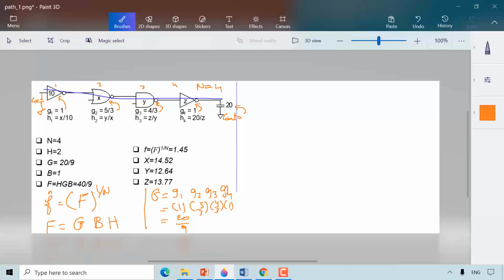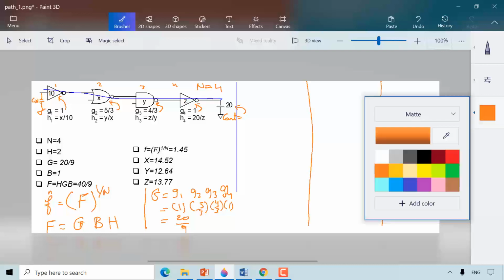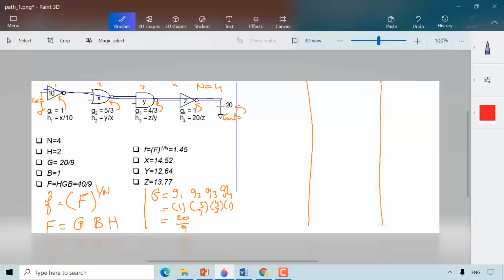Now let's compute H. H equals C out for the path over Cn, which is 20/10, equal to 2.